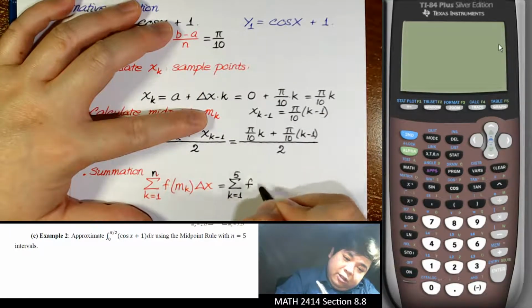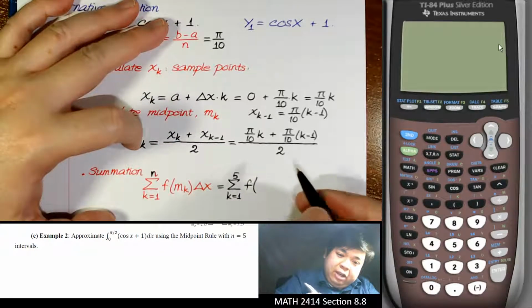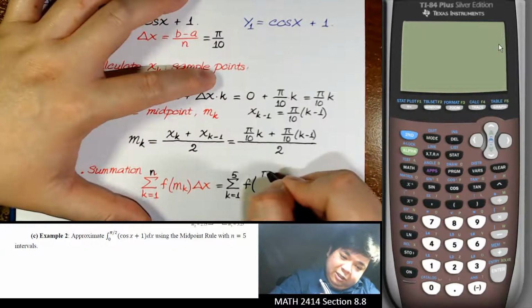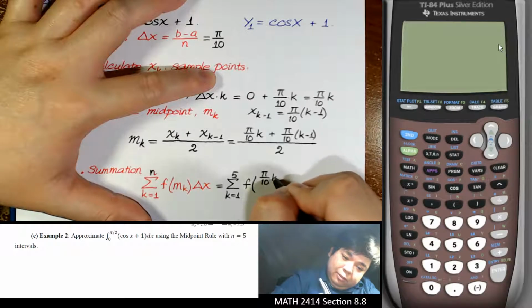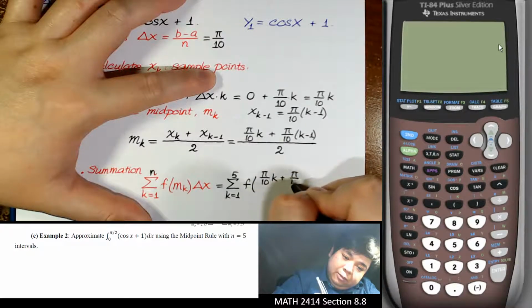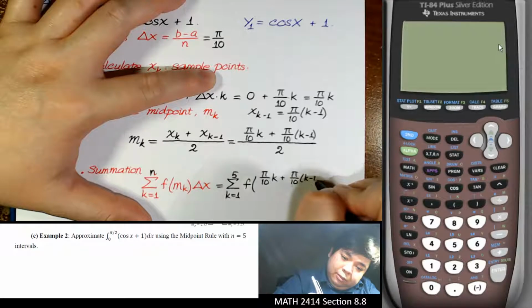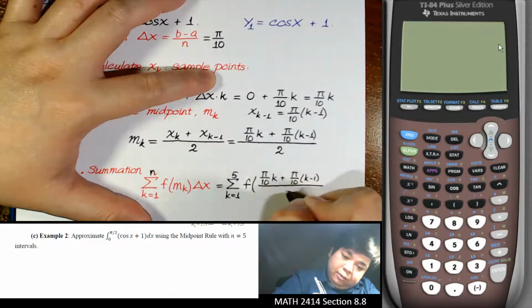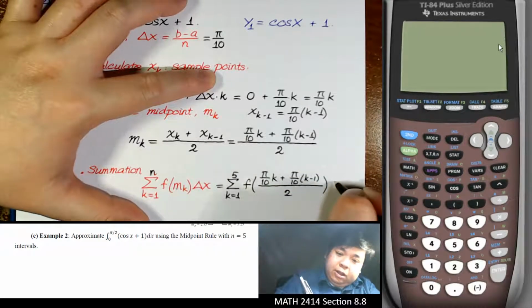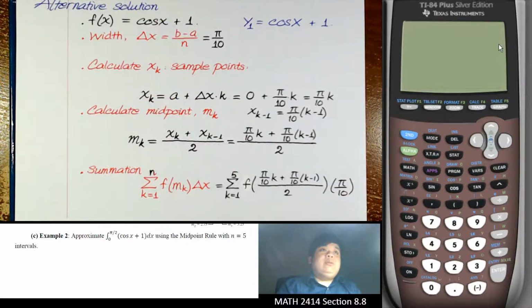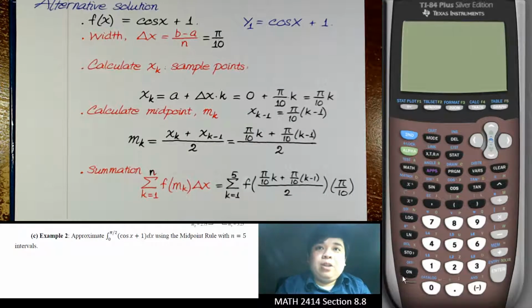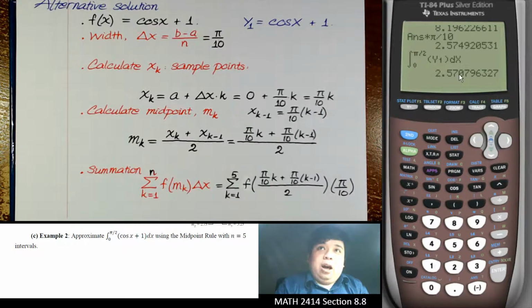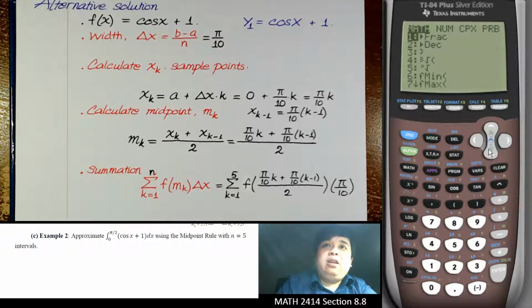The function of mk times delta x. Right, so remember we have this answer earlier. It was fine.